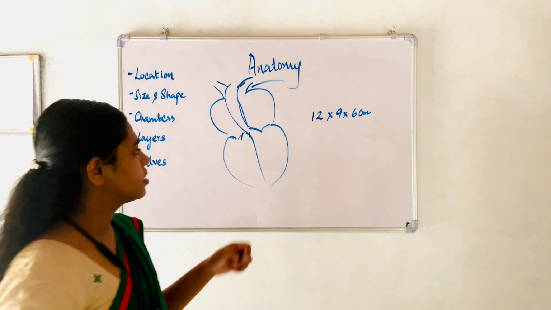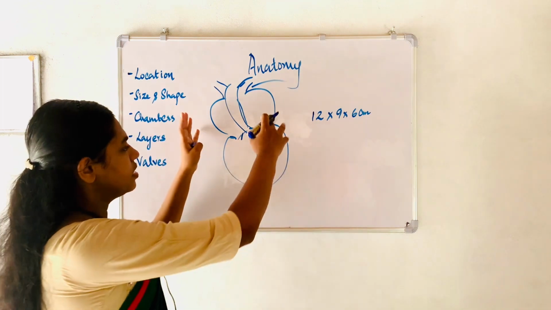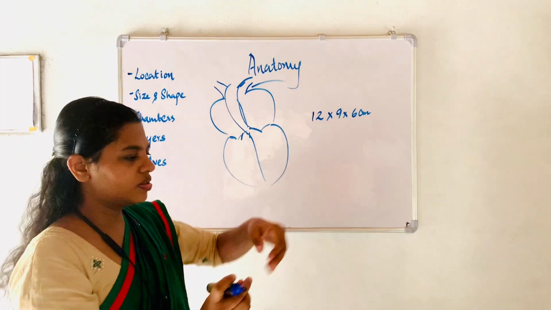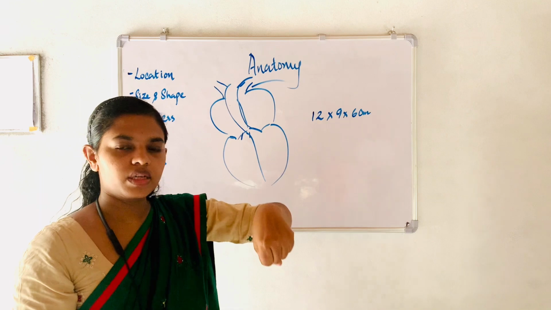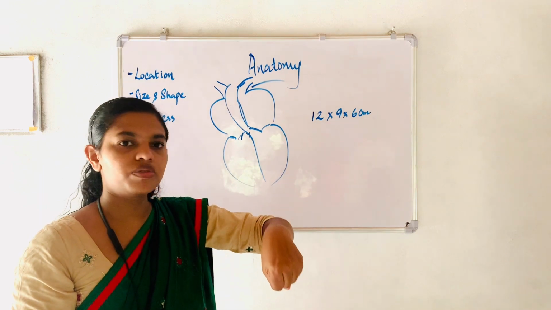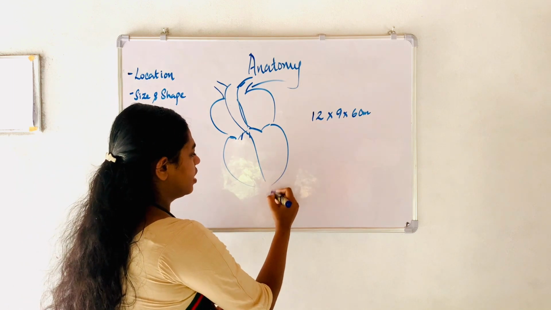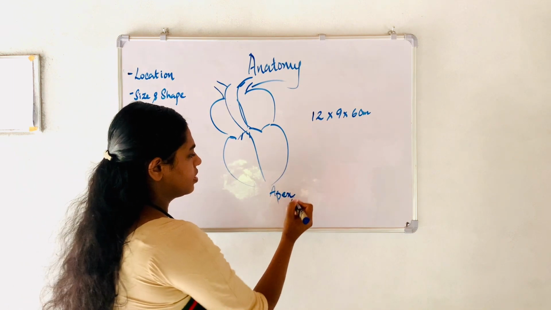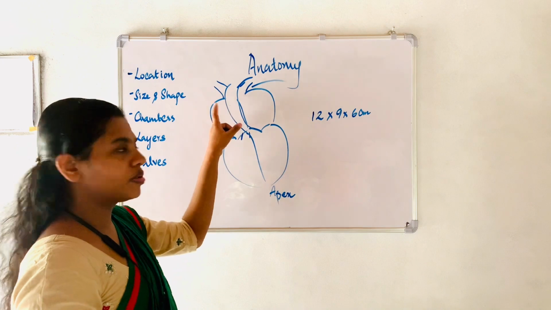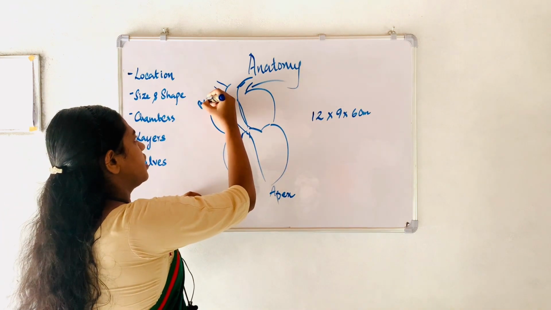And how does it look like? The heart looks like this. It is a little bit curved forward, and this portion is known as apex, and the upper portion is known as the base of the heart.